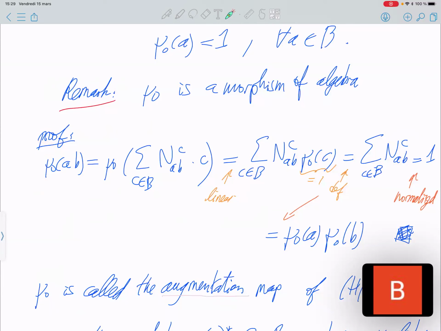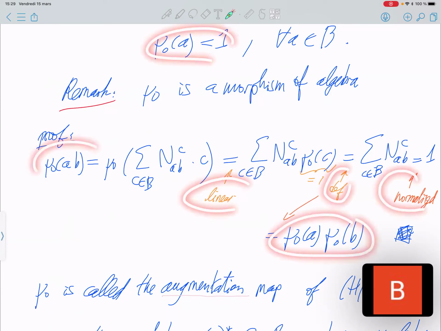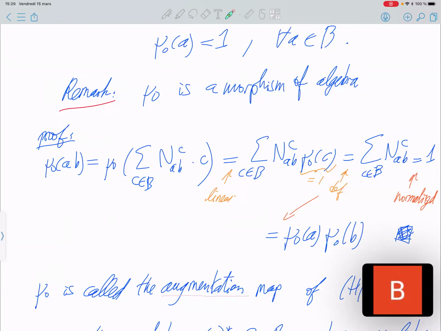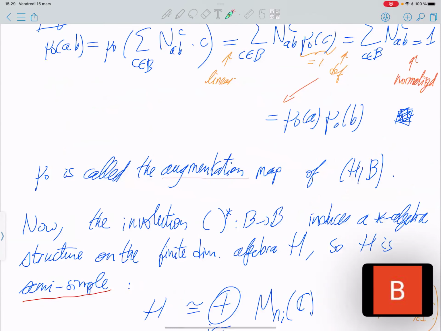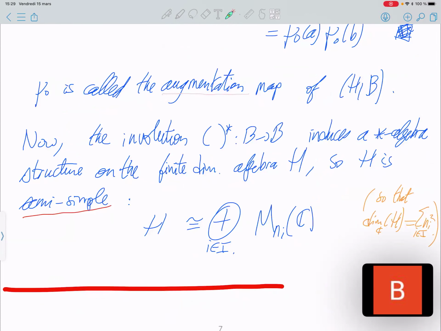We just need linearity, the definition of that, and the fact it is normalized, and you get directly that mu0(AB) equals mu0(A) mu0(B). So this map may be called in the future an augmentation map. Okay. And yesterday we finished here.